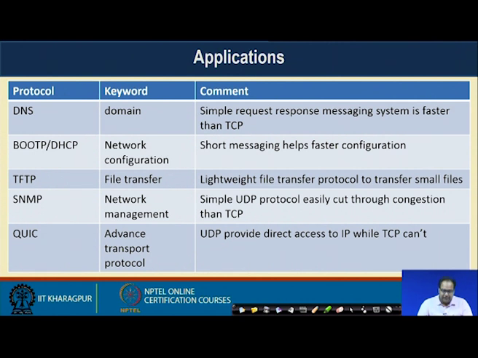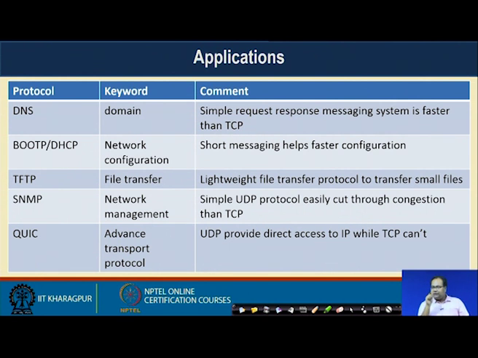Then BootP or DHCP are network configuration protocols. Again, they are short messaging protocols, which help faster configuration of the devices. TFTP, trivial file transfer protocol, is a simple lightweight file transfer protocol to transfer small files. SNMP, the simple network management protocol, is again a simple UDP protocol, which more easily cuts through congestion than TCP.